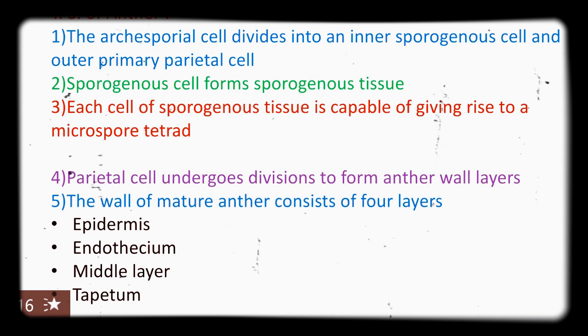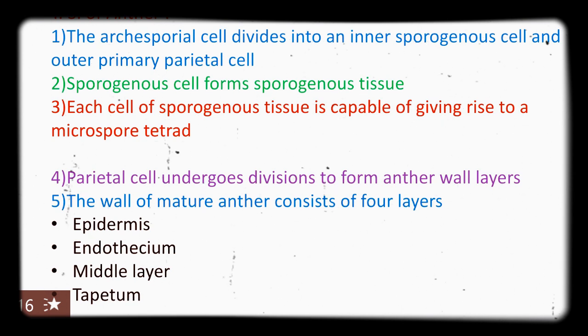Now we'll see the TS of anther. The archesporial cell divides into an inner sporogenous cell and an outer primary parietal cell. Sporogenous cells form the sporogenous tissue, and each cell of sporogenous tissue is capable of giving rise to a microspore tetrad.